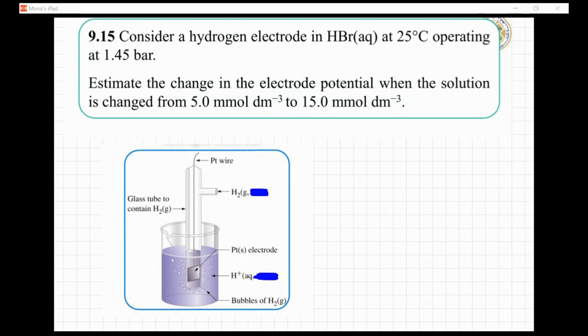We said we have a hydrogen electrode in HBr. It means this solution is an HBr solution, which provides the H⁺.